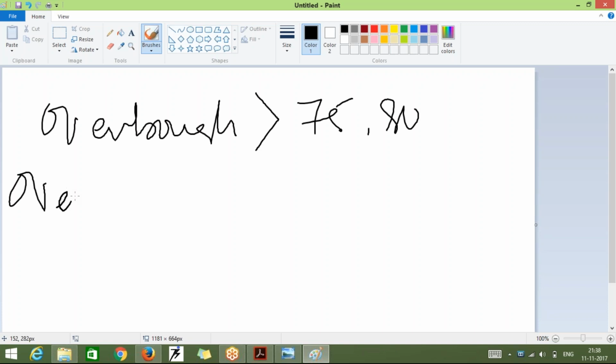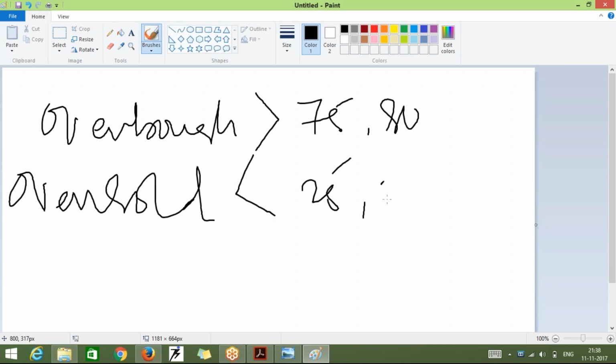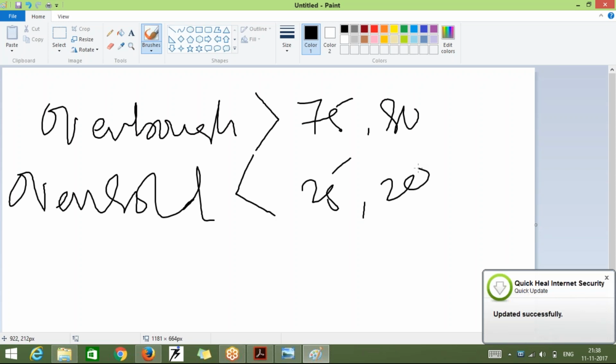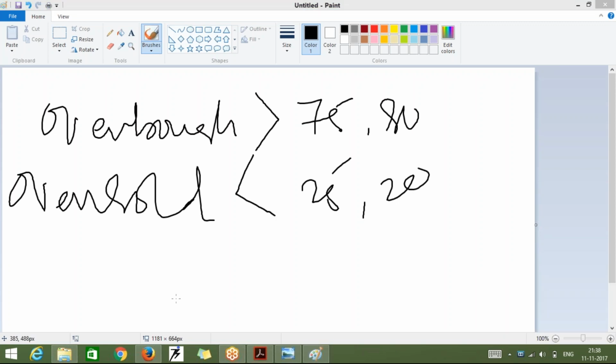I will explain with the chart itself. Oversold is the range which is less than 25 or 20. Now coming to the chart, as I said, if you want more risk, then you can keep the range less, and if you want to take less risk, you can keep the range more.